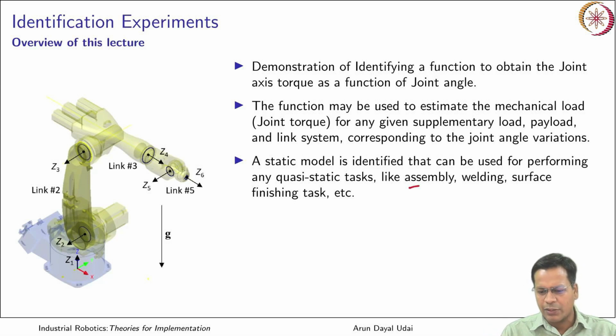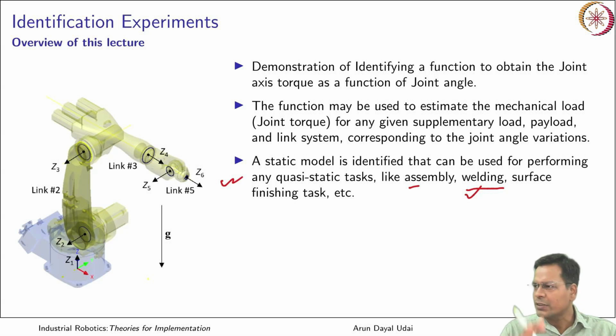Assembly, welding if it is done in a very slow manner, grinding, polishing, buffing are all quasi-static tasks in which the robot constantly maintains a force normal to the surface. It is continuously making contact, and the motion of the robot is very slow. So a static model is identified that can be used for performing these quasi-static tasks.